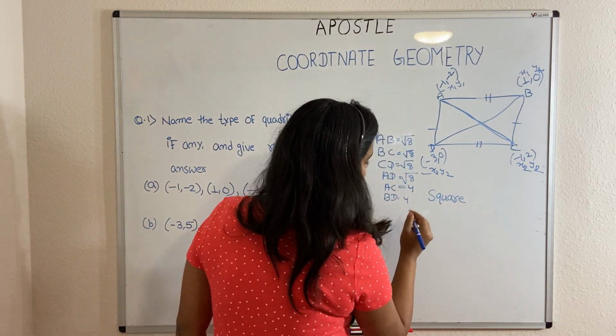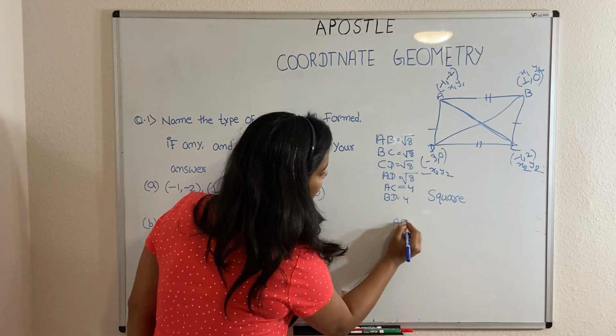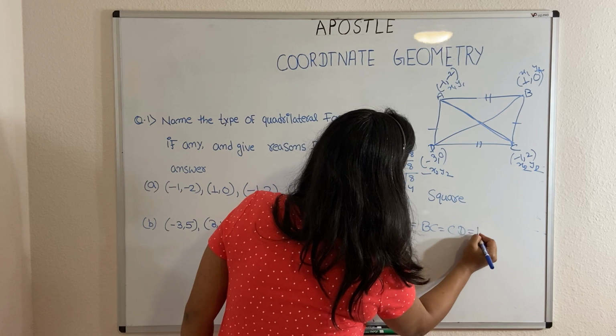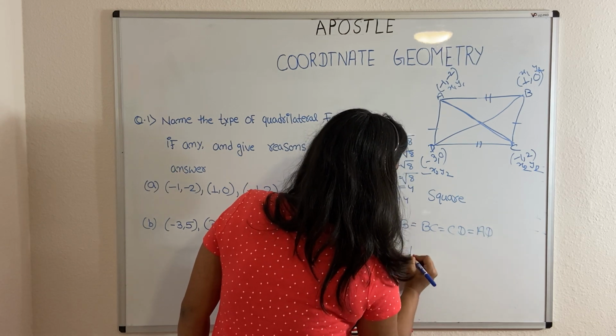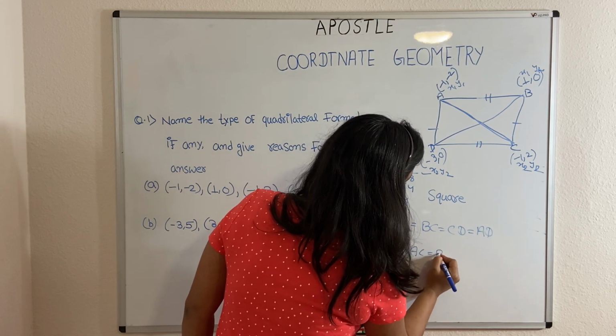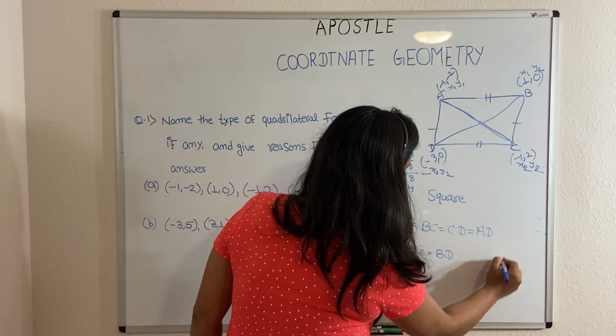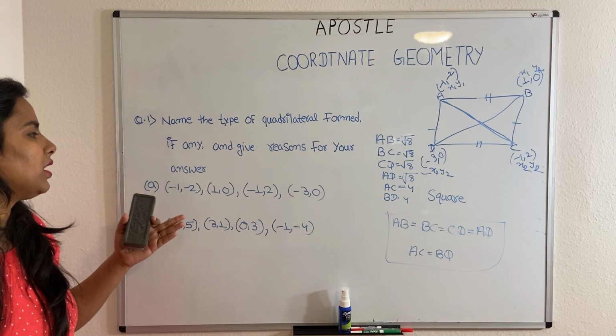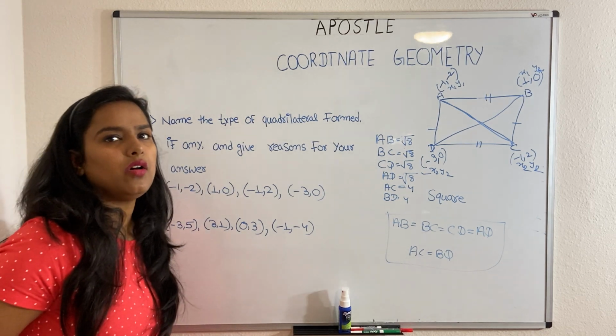And why is it a square? Because all four sides are equal, AB equals BC equals CD equals AD, and the two diagonals are also equal. So we call this a square. This is the reason to call these vertices the vertices of a square.